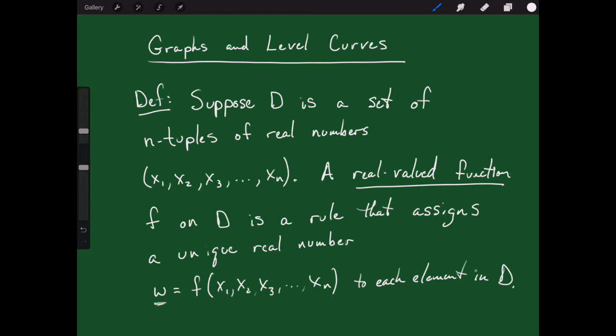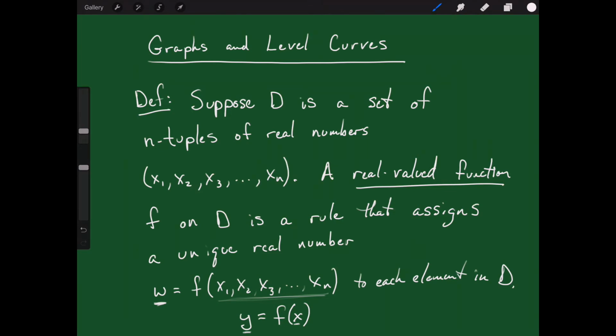So typically when we're in 2 dimensions, we just write something like y equals f of x, where you input x, a number, and you output y, a number. Well, in this case, you input a whole bunch of different numbers, an n-tuple, and you output a number, w, where w is a real number.